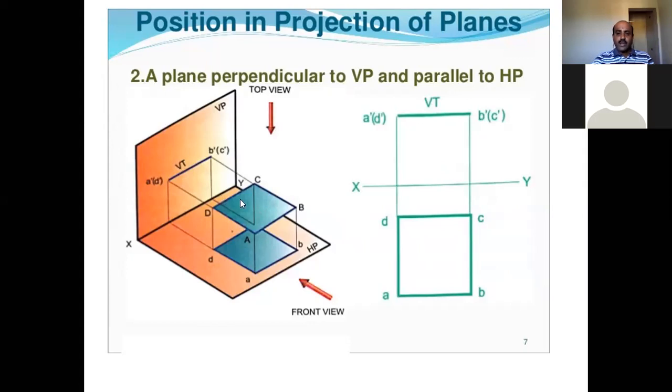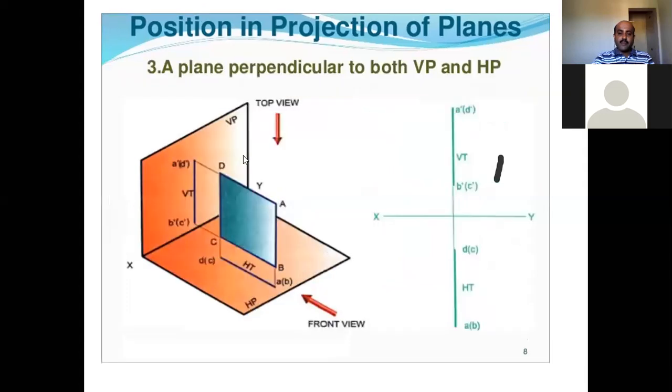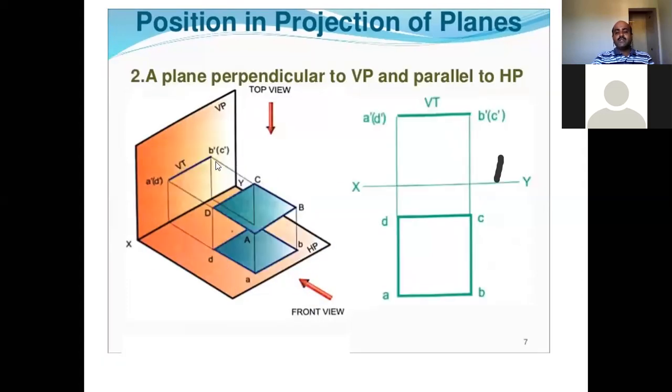And correspondingly, on the opposite side, which is perpendicular, you are going to get the straight line over here. So this is what we are supposed to do over here: the plane perpendicular to VP and parallel to HP.